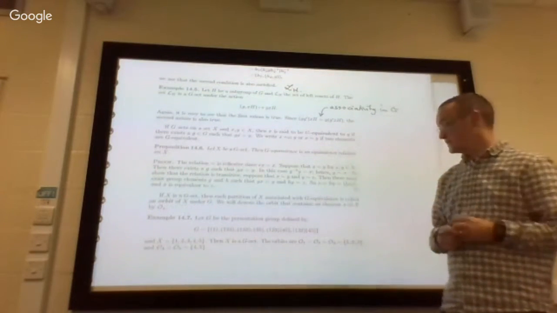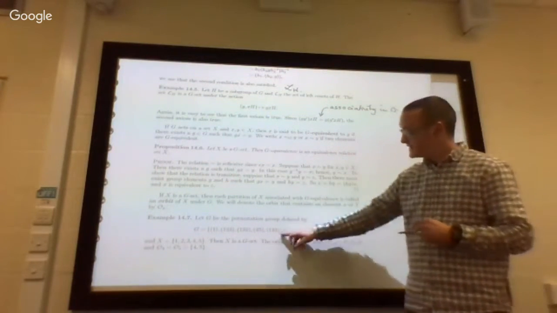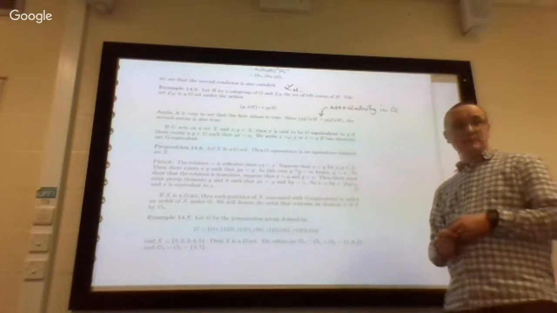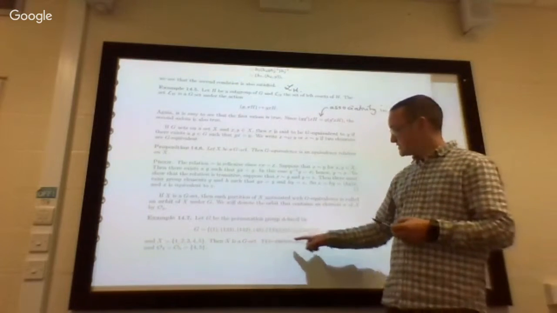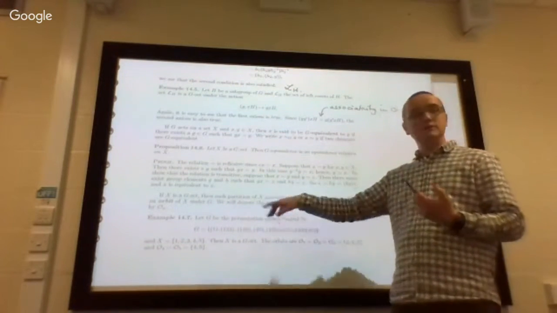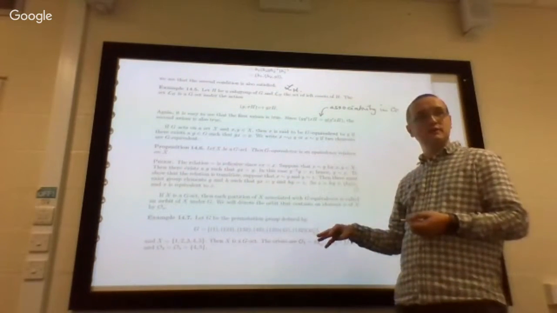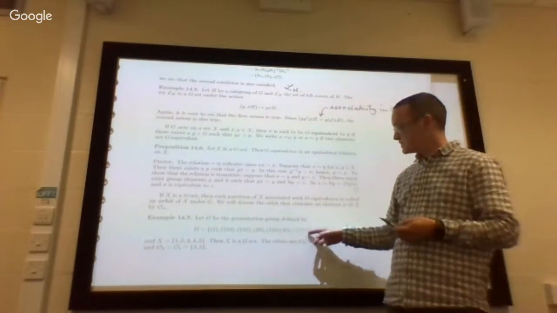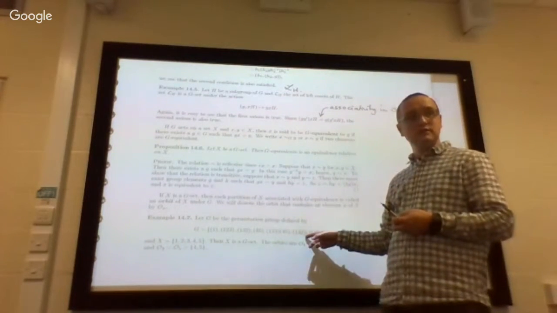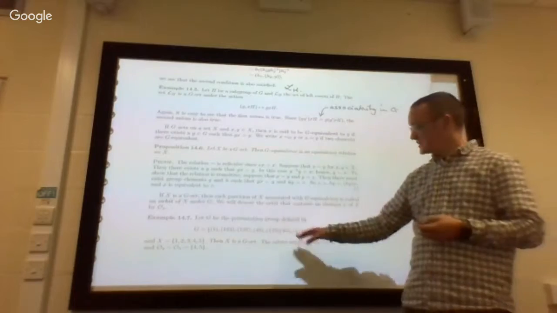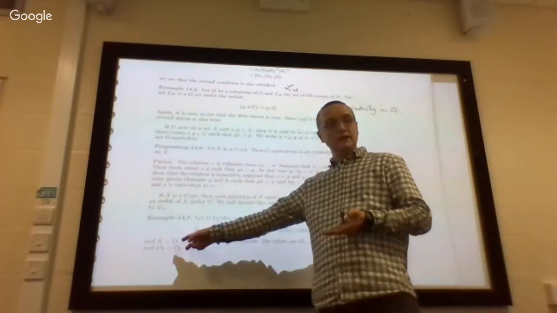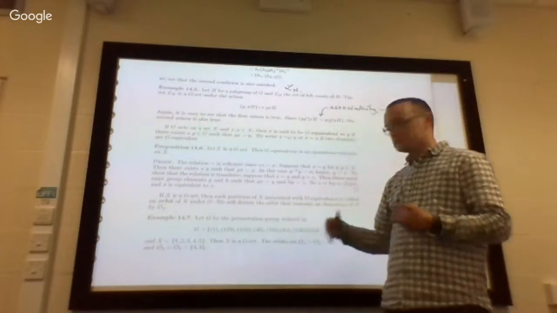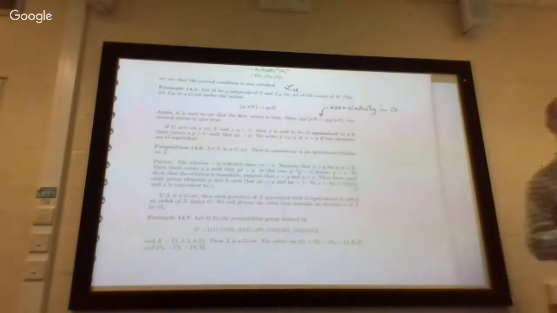And these last two have empty fixed set, because these last two move all 5 elements around in various ways. No element is left fixed by the action of any of these group elements. We've got 2 examples of empty fixed set, one example where the fixed set is all of X, and then some examples where it's a proper subset.